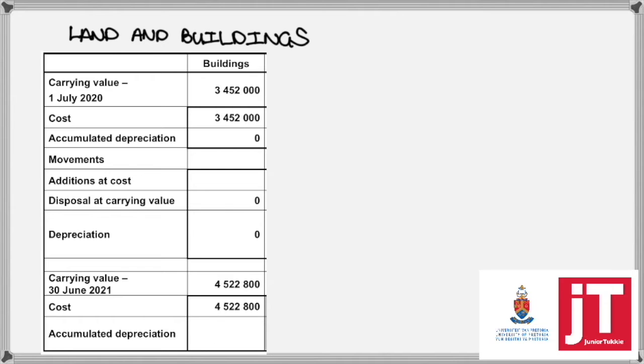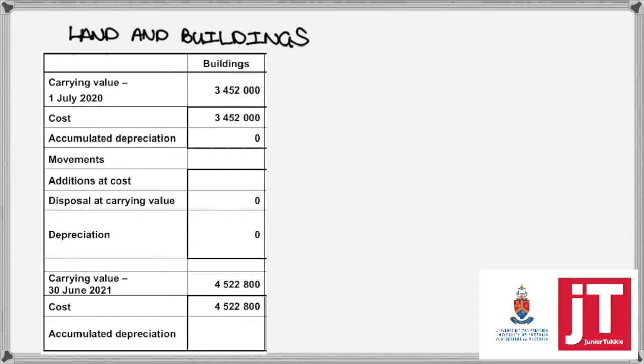If our property is valued at, for example, 5 million, we're not going to say that the value of our property is 5 million. We are going to be conservative. We're applying prudence. We are going to say the historical cost of that building is 3,452,000 in the beginning. So it is the original price.